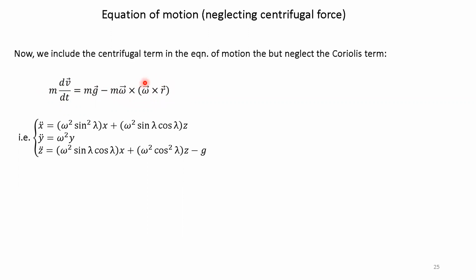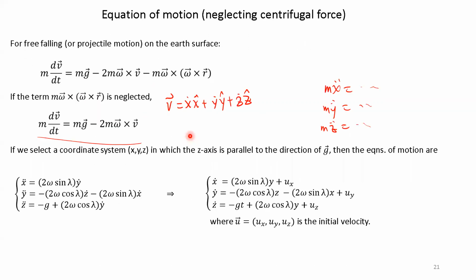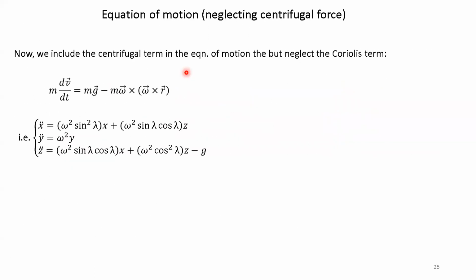So in our scenario, when I say that I drop this term and keep this term, it's still well justified because this term will give you a more significant correction compared to this. But now you are saying that I'm dropping the more important term and keeping this term to play with it, and of course you can do that, but that might not be so meaningful in some sense.